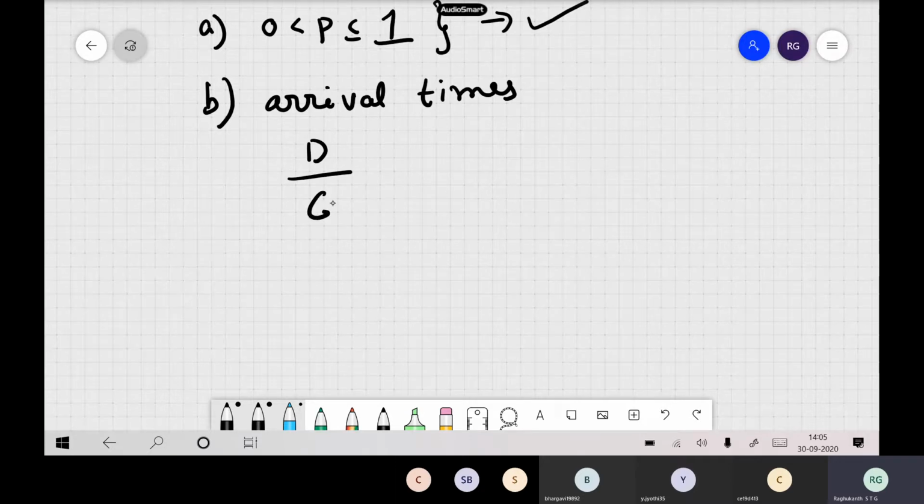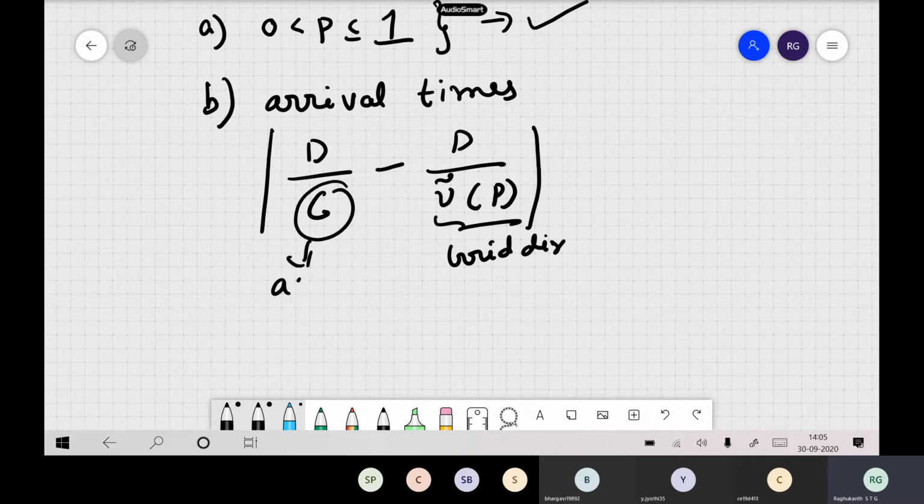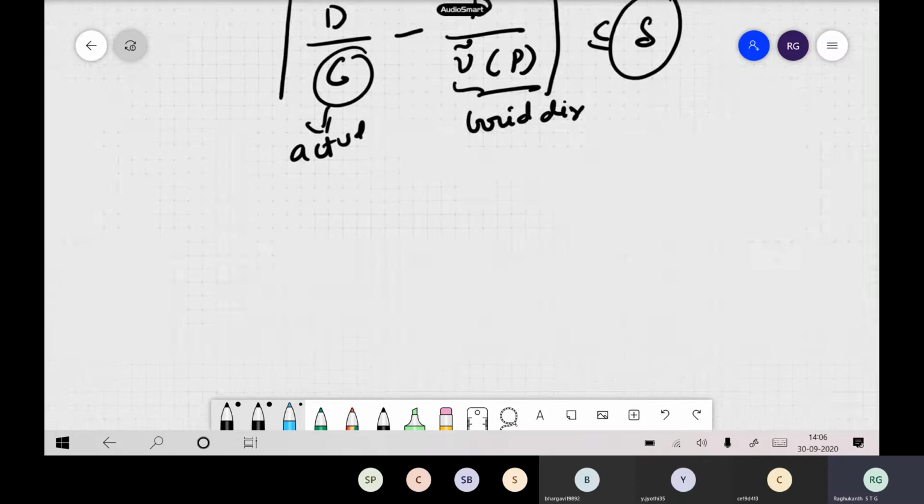So d is the distance, and d by v bar, which is your grid dispersion velocity, and this is your actual, should be less than or equal to delta. This has to be selected: how much error you are ready to assume.